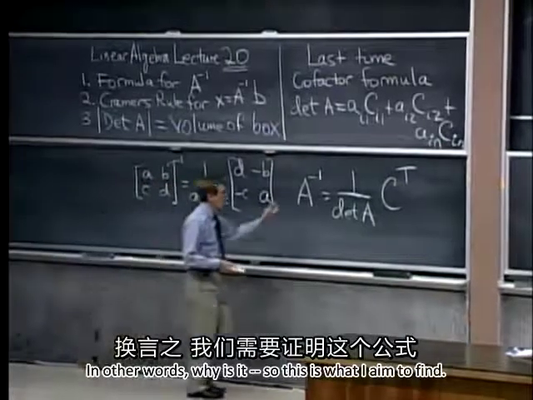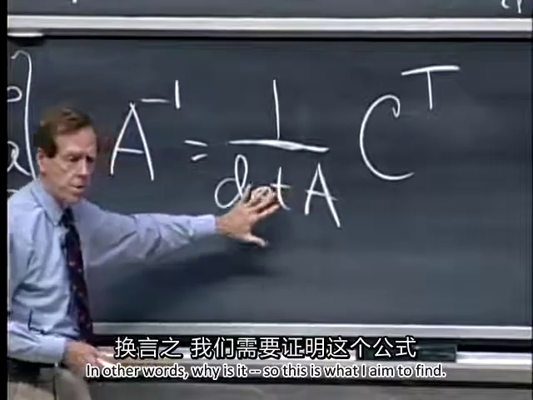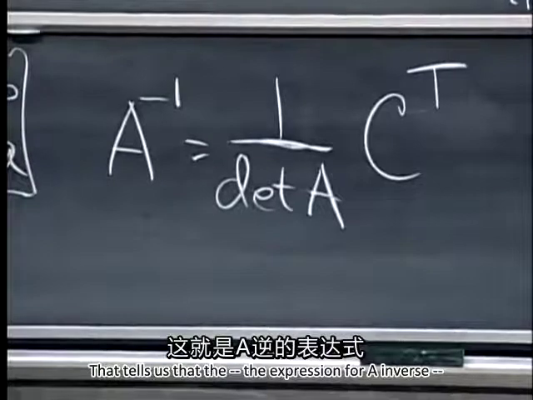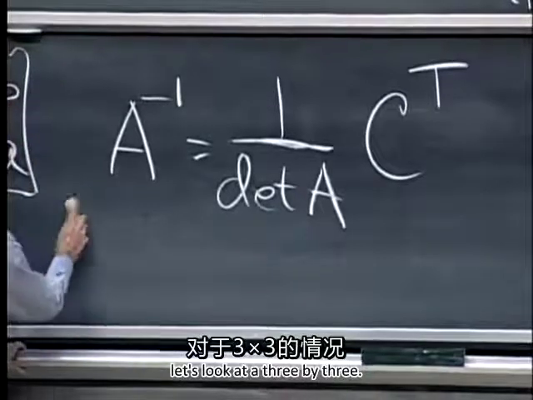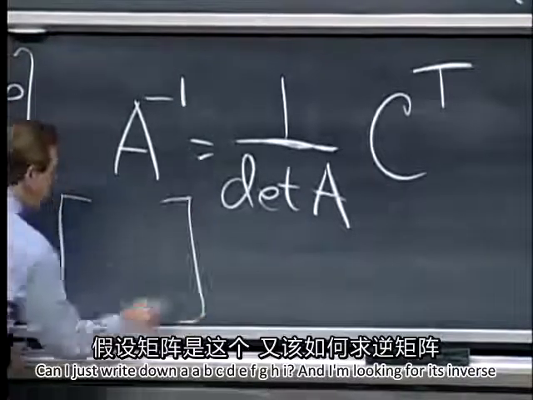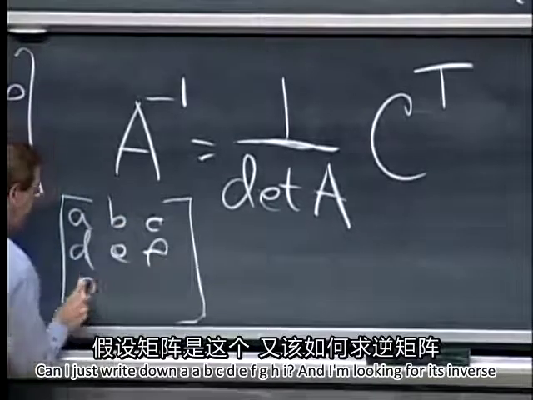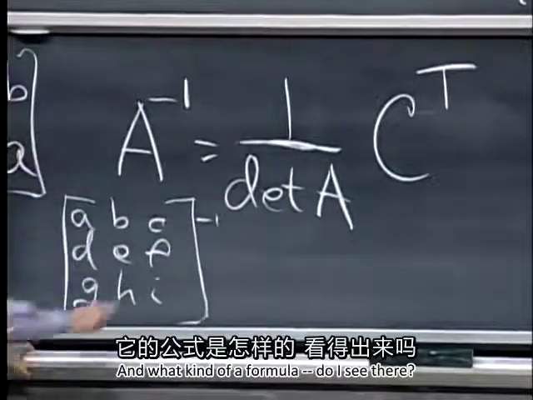In other words, this is what I aim to find. And let's just look to see what that is telling us. That tells us about the expression for A inverse, so let's look at a 3 by 3. I just write down A, B, C, D, E, F, G, H, I, and I'm looking for its inverse.